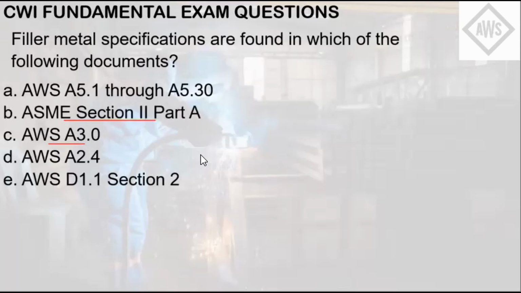So if you need reference regarding the terms and definitions for welding, it is under AWS A3.0. AWS A2.4 is for welding symbols, and AWS D1.1 Section 2 is for the structural welding code and the design of welded connections under that code. So the filler metal specifications are found in letter A, A5.1 to A5.30.